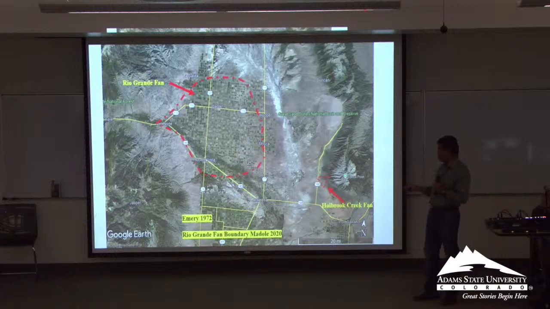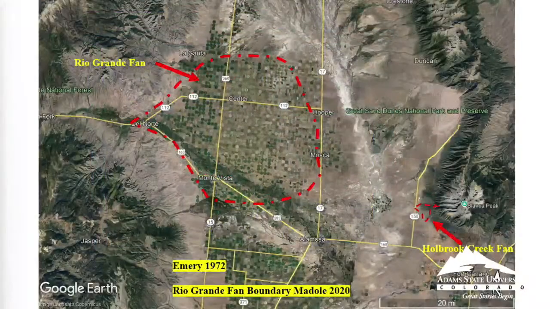Now remember, we've got fans flanking this northern section of the valley. So these areas are where water is coming out of the mountain front and flowing over the bouldery, coarser end of the fan and seeping into the ground.